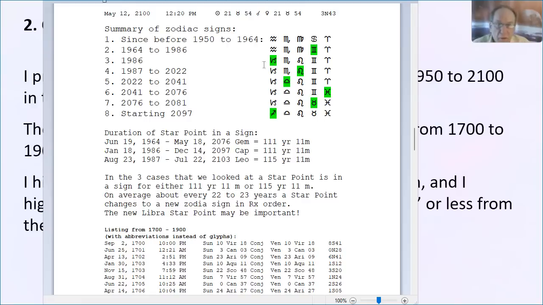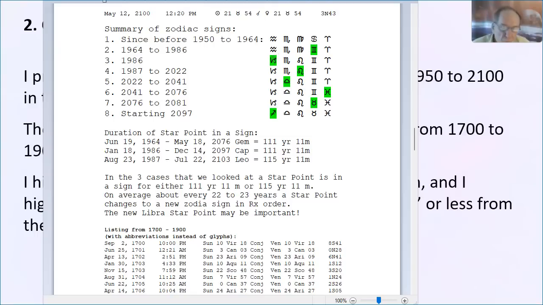So there it is. And about every 112 years, it will vary from 111 years to 120 years. Somewhere over 100 years it takes for a point. Each point will stay in a sign for over 100 years.